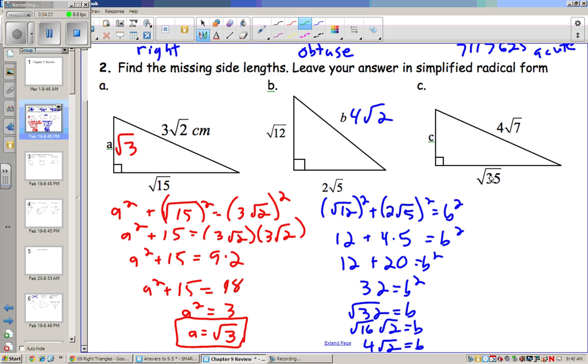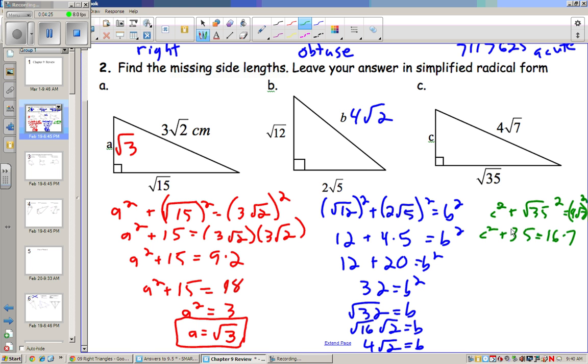Finally, over here, c squared plus root 35 squared will be 4 root 7 squared. Let's put a little squared up there, I'm running out of room. Or c squared plus 35. 4 times 4 is 16. Root 7 times root 7 would be 7.